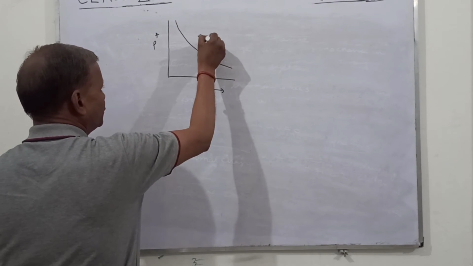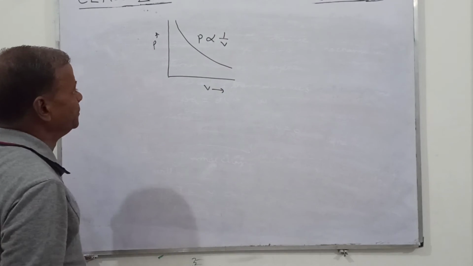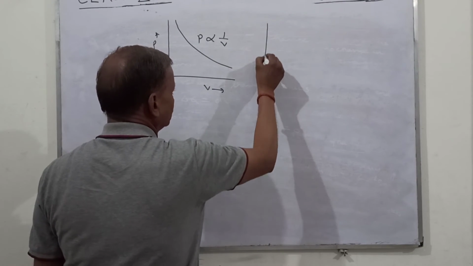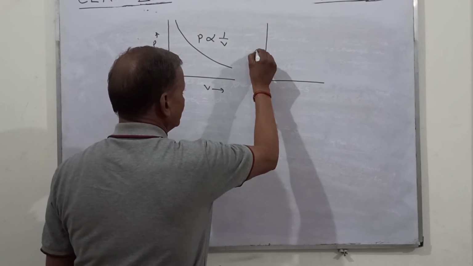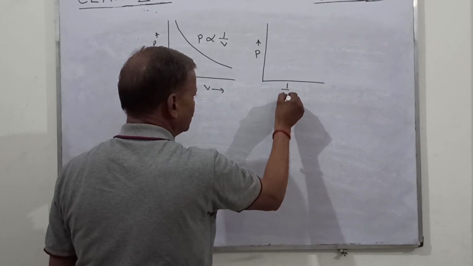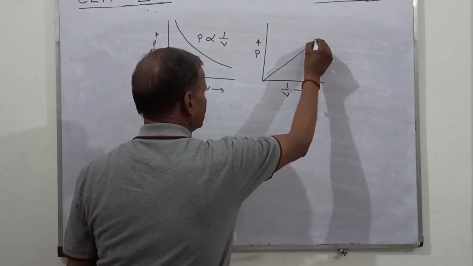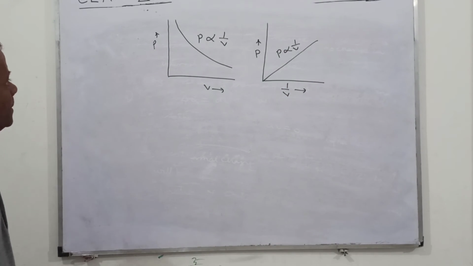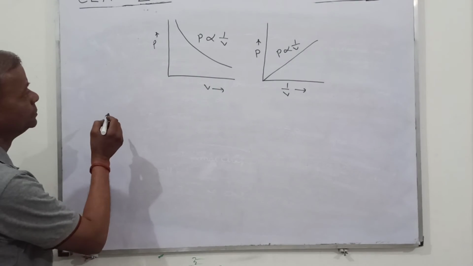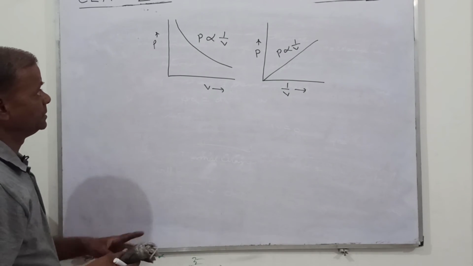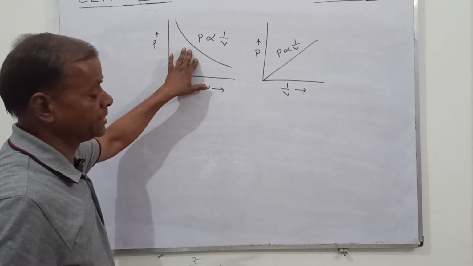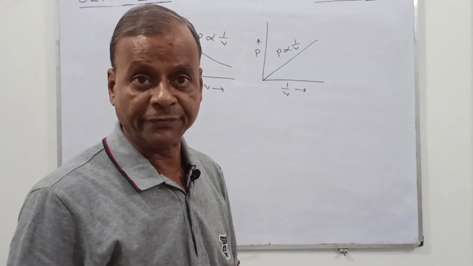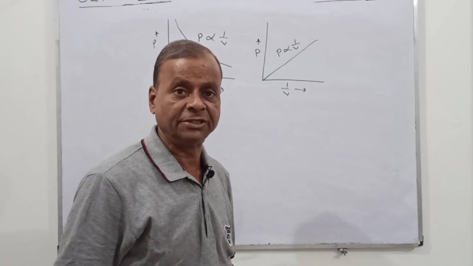This is P proportional to 1 upon V. And if you draw the curve with pressure on this axis and 1 upon V on this, then you will get a straight line, P proportional to 1 upon V. And you say that this is the isothermal curve. Say this is for temperature 1. If we draw different isothermal curves, they will not intersect with each other.